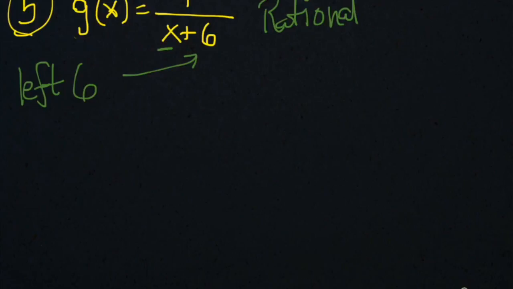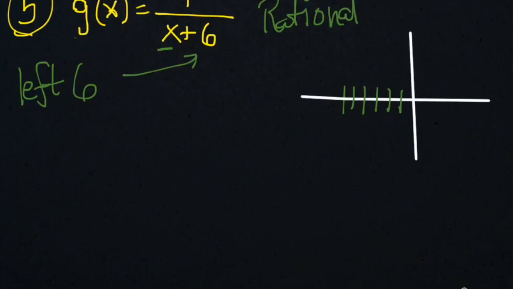So let's come over and draw a little graph. So I'm going to go left 6. So I've got 1, 2, 3, 4, 5, and I should have drawn my line a little bit longer. 6. There we go. Okay, left 6. That is where my rational starts.